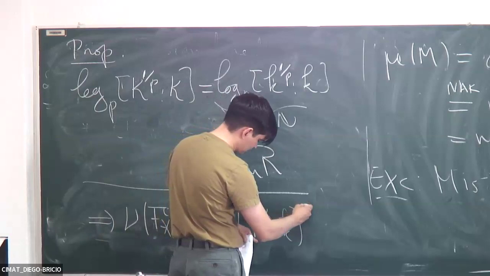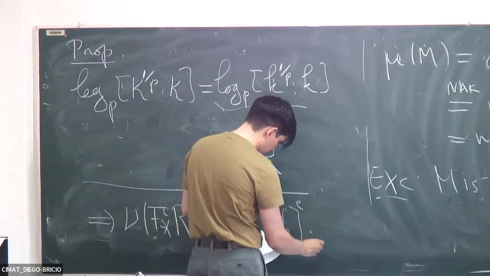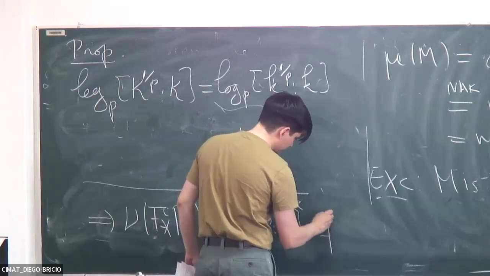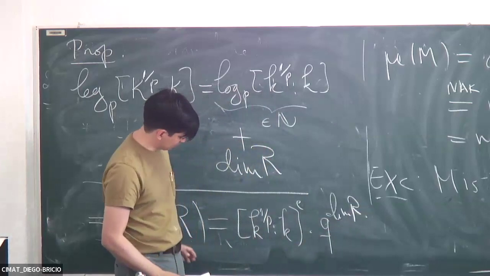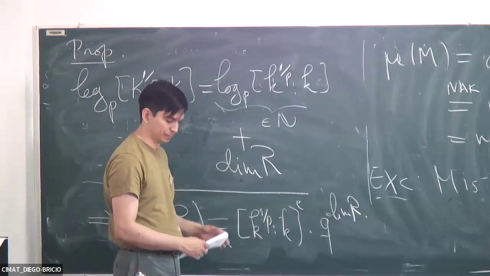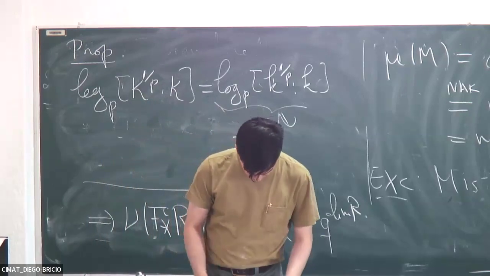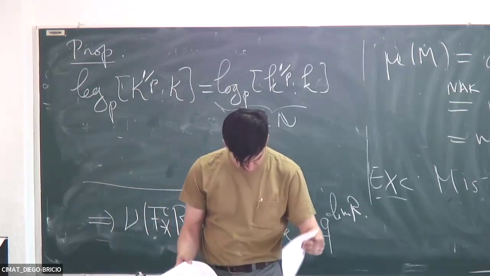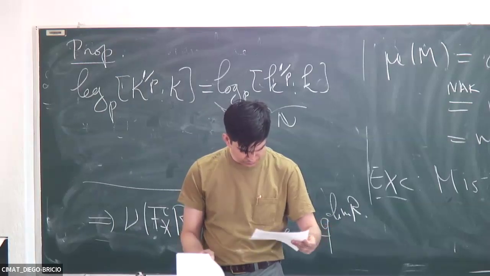So you will have to take this, which is the e, and multiply by q the dimension of R. That's the growth of this number. And you can find the proof here and everything. Okay.